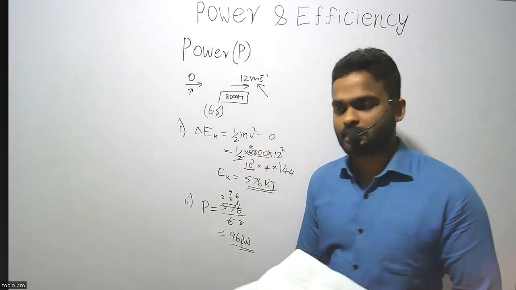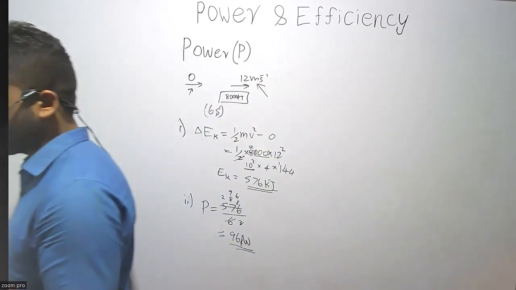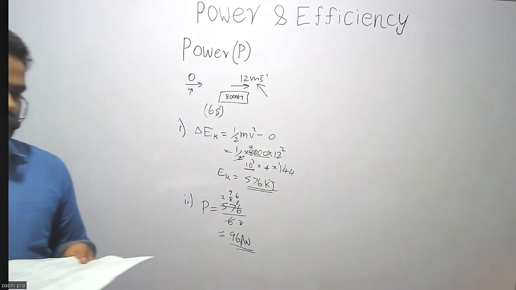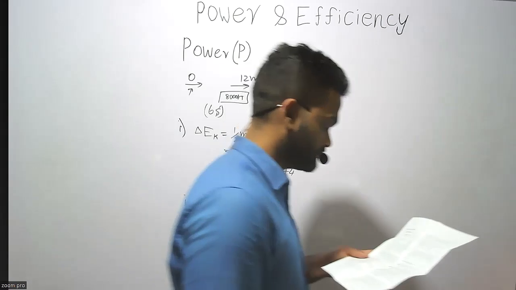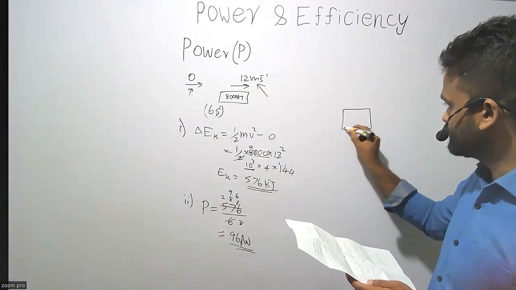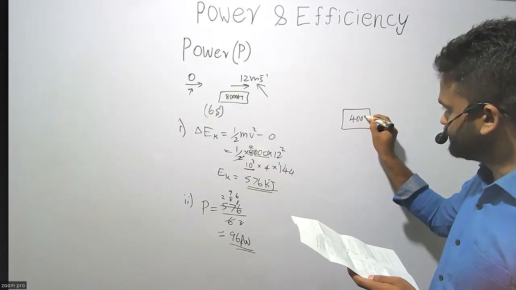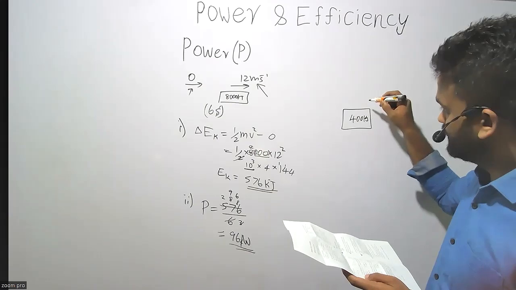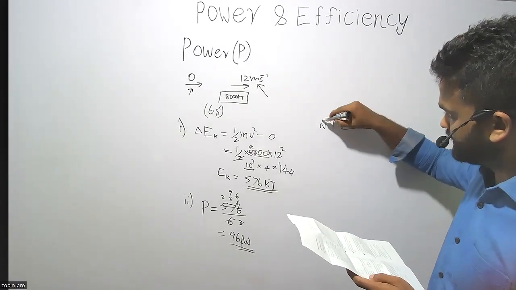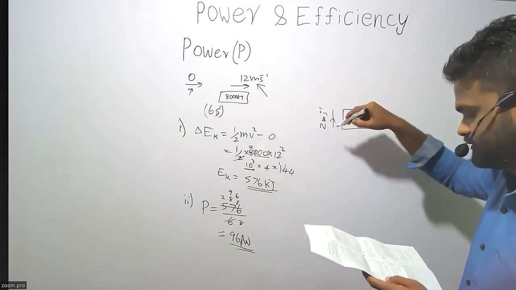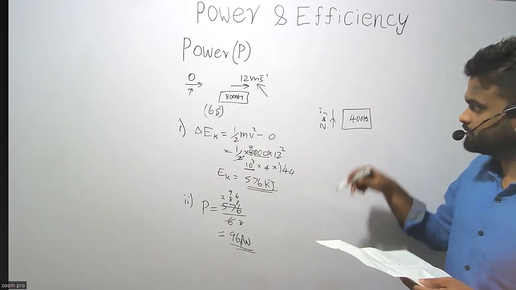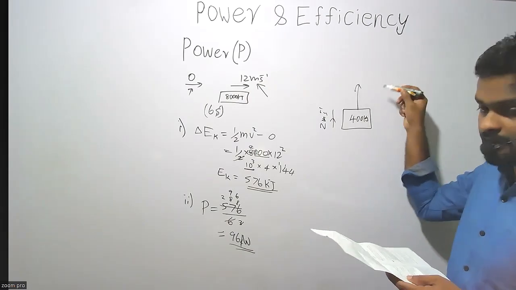Okay, then try the fourth question. I'll give you a minute to try that. So you have 400 kilograms and it is lifted by a crane at 2 meters per second at this constant speed, right?